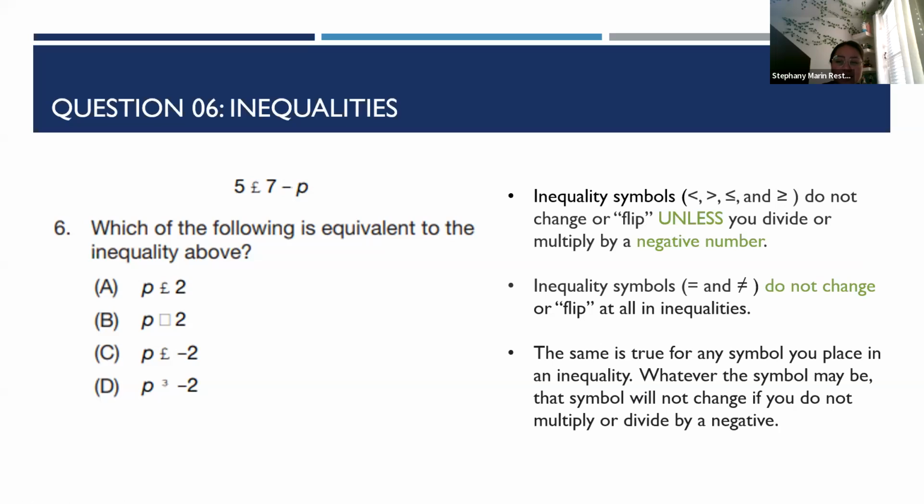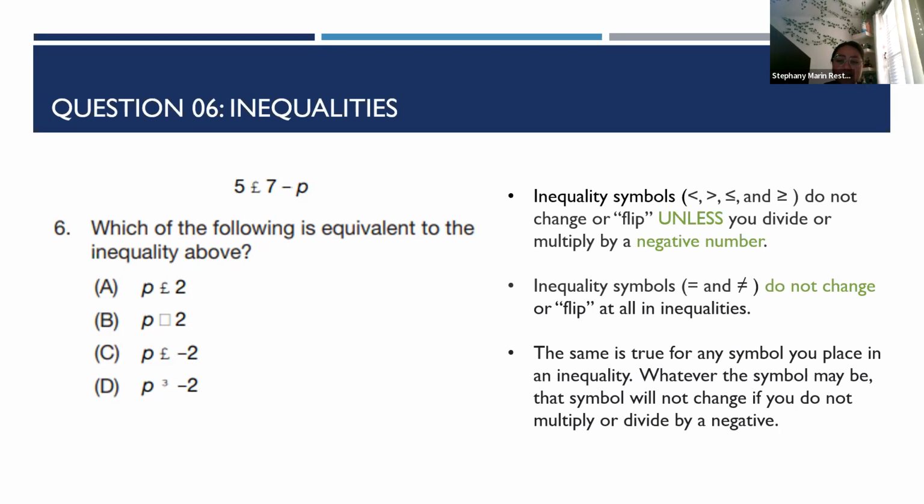The inequality symbols that we know, like the open mouth, greater than, less than, greater than or equal to, less than or equal to, don't change or flip unless you divide or multiply by a negative number. The other two inequality symbols, equals or does not equal, do not change or flip at all.